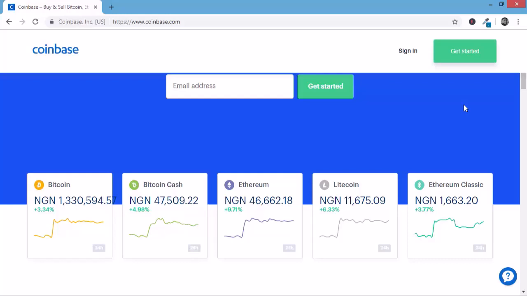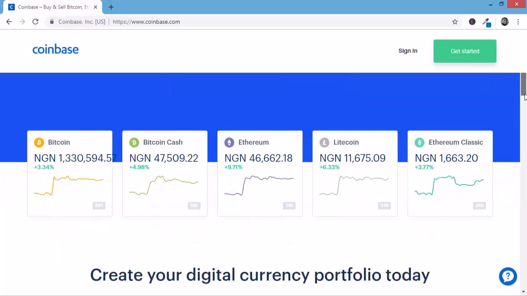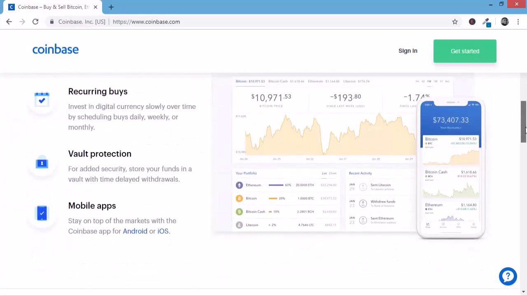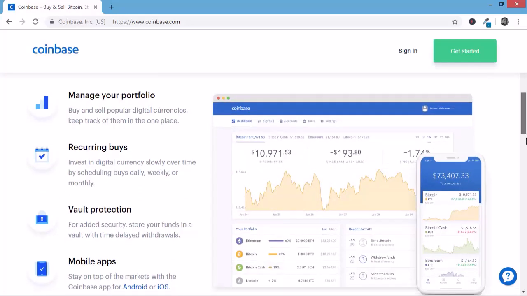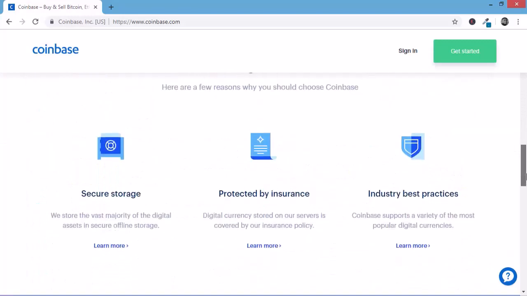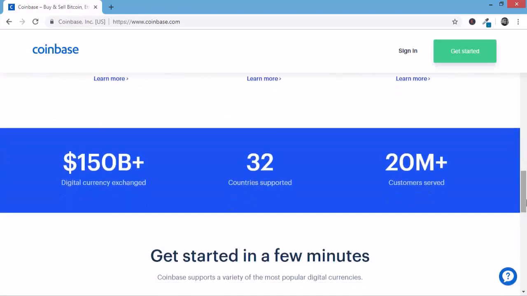Coinbase has a lot of cool features. They also have a mobile app so you can stay on top of the market. As at the time of making this course, they have over 20 million customers in 32 countries, and they've carried out more than $150 billion of currency exchange.